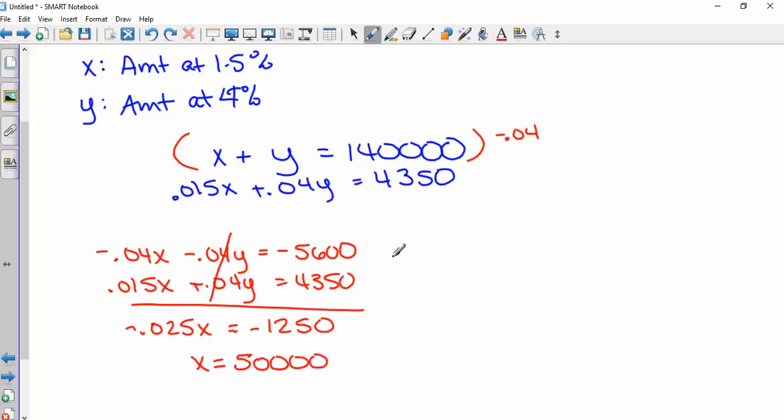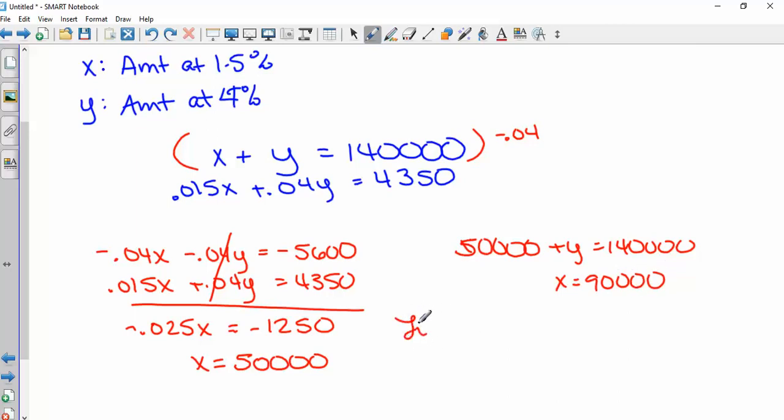Divide. x is 50,000. How would I find my y? Plug it back in. We know that x plus y, so 50,000 plus y equals 140,000. So y is 90,000.